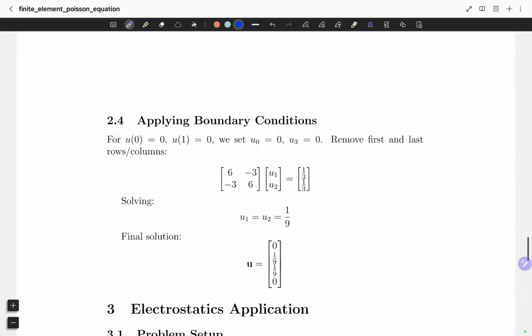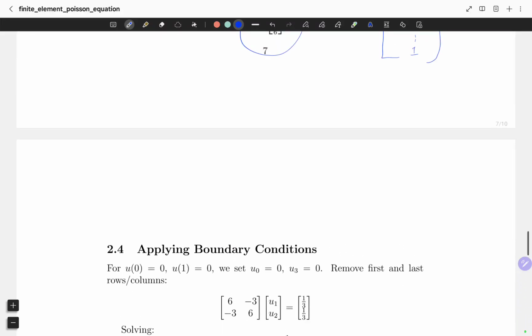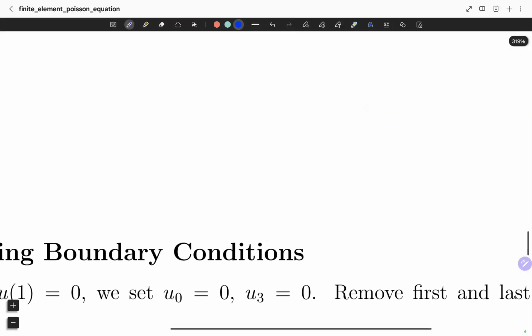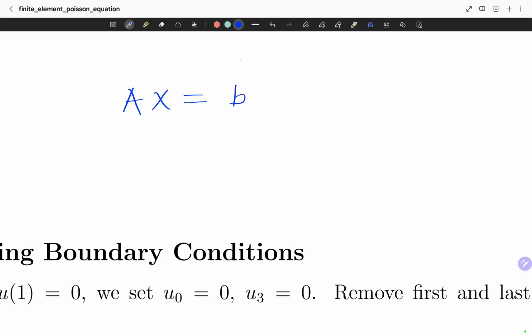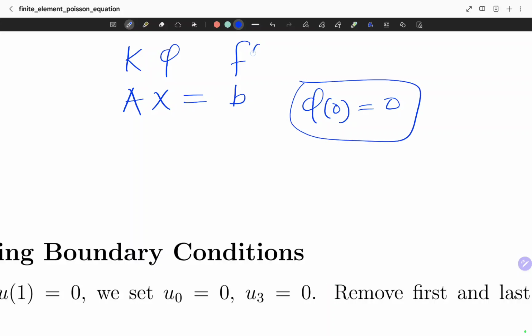And to apply the boundary conditions, we are going to solve Ax equals b, where f is the b, k is the A, and psi is the x. So if we say psi of 0 equals 0, that automatically will affect the dimensions of f and k, because they have to match for the matrix multiplication to occur.